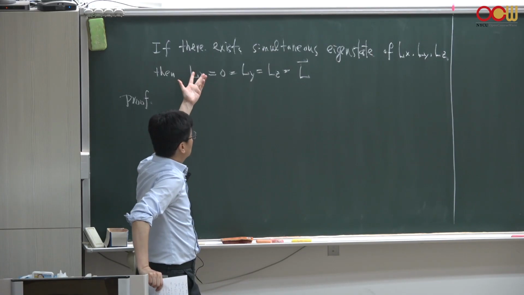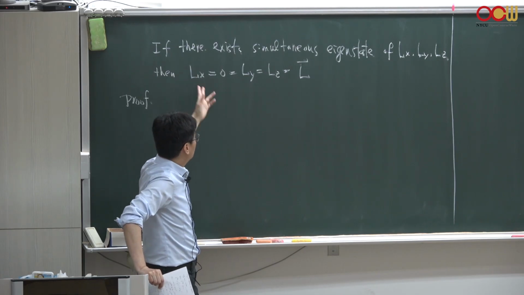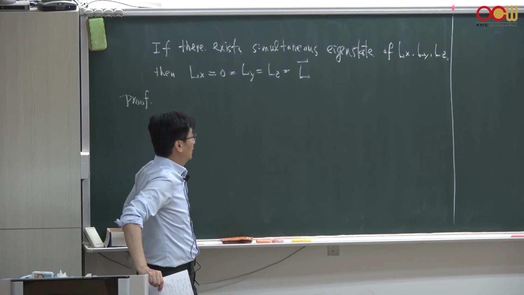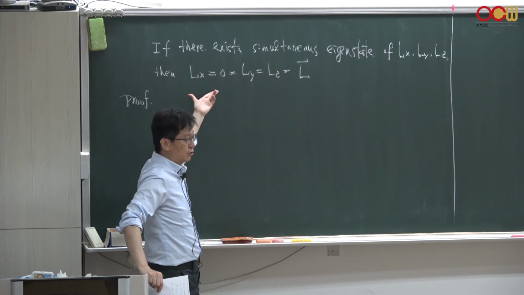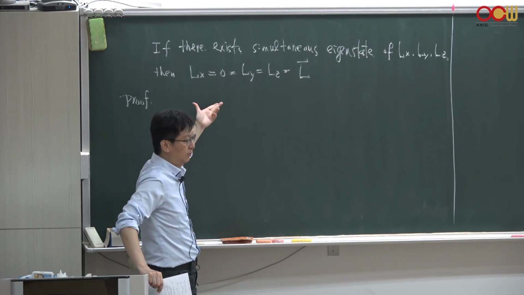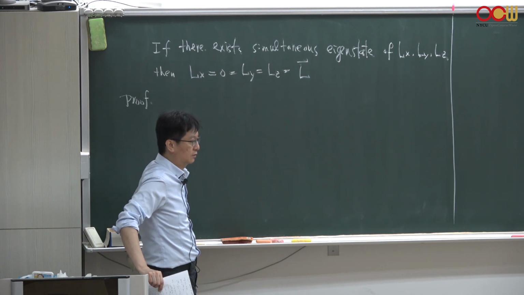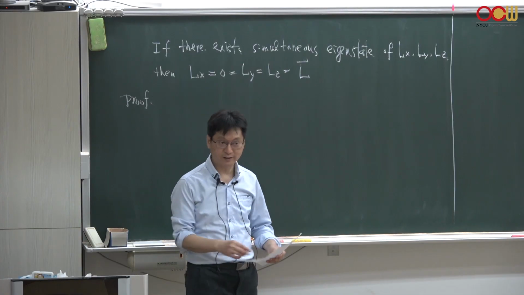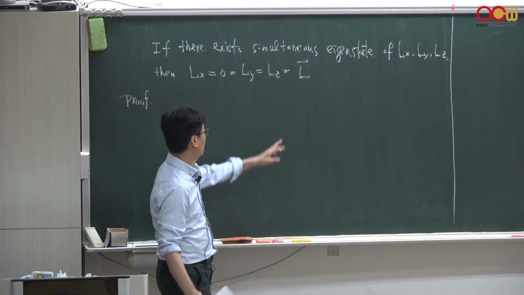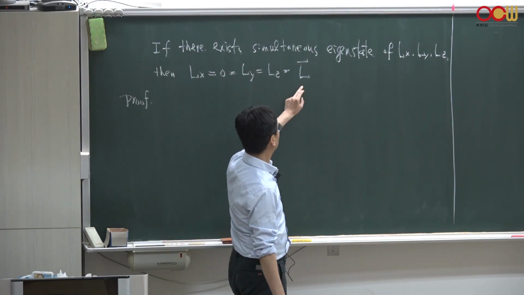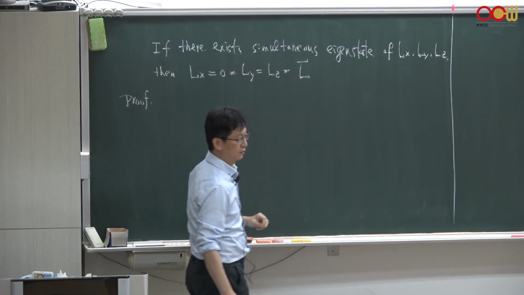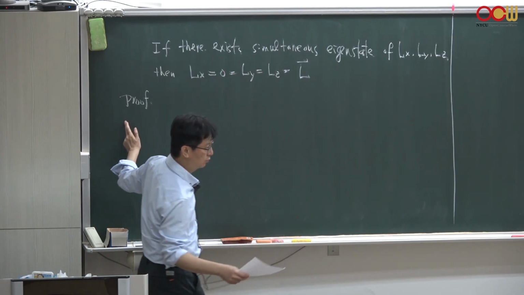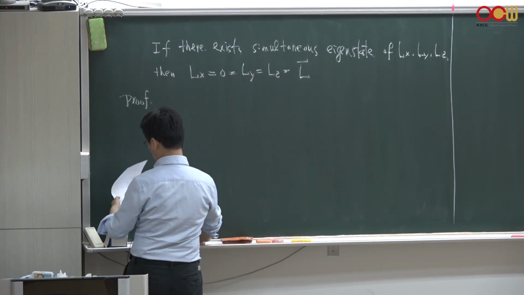But suppose we do so. Suppose there exists a simultaneous eigenstate of Lx, Ly, and Lz in the commuting set, then we'll show that all three components of the angular momentum operator vanish. This is not what we have in the beginning. So for a non-zero angular momentum vector or operator, we cannot have Lx and Ly in the commuting set. That's the conclusion, but we need to prove it. Okay, so let's prove.